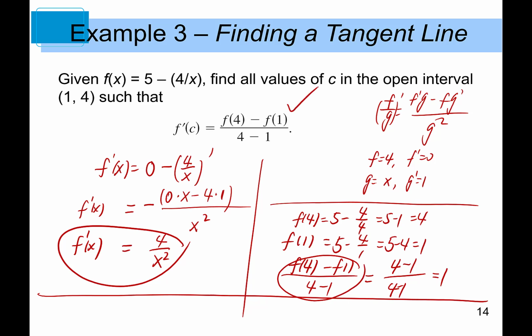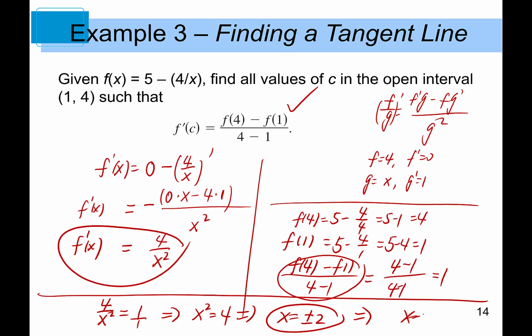And the very last step: so this is the right hand side. f prime of c equals 4 over x squared, set that equal to 1. Then we end up with x squared equals 4. We cross multiply, so in that case x equals plus or minus 2. However, the only one satisfied will be x equals 2, right?